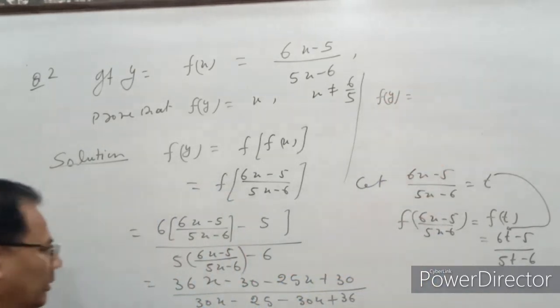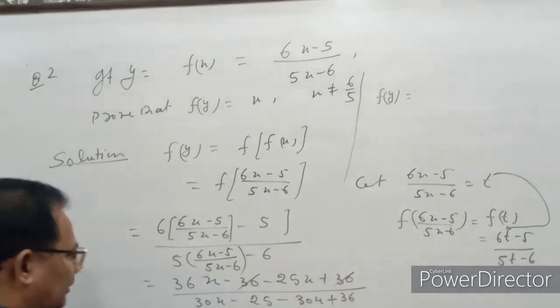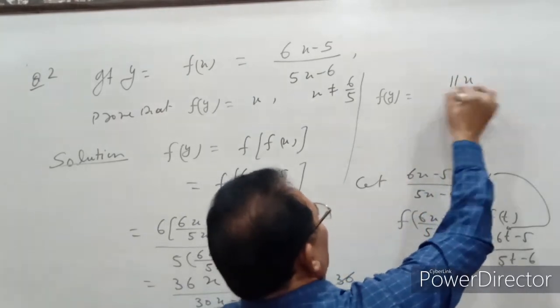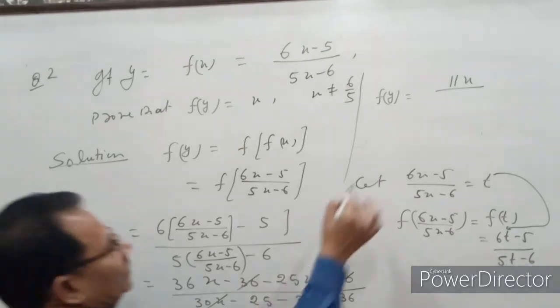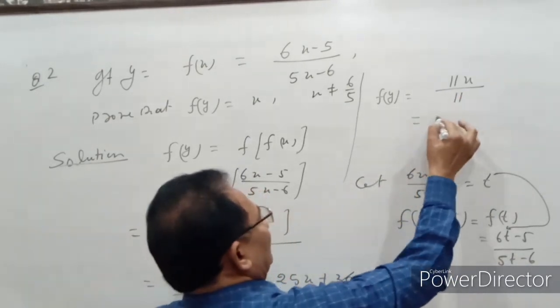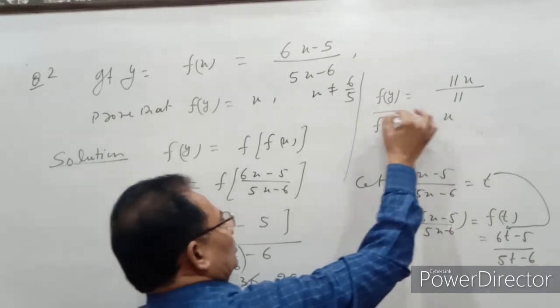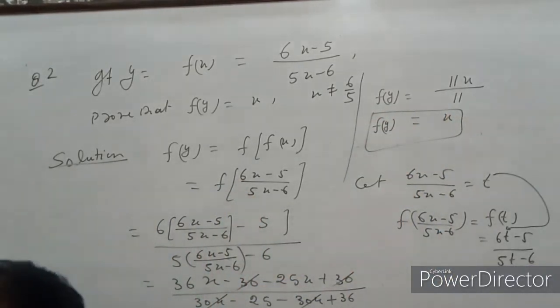Here 30 cancels with 30, and 11x upon 30x, 36 cancels, and 11 and so on, that is equal to f(y). So therefore f(y) should be equal to this.